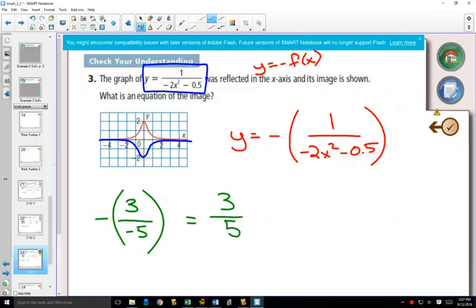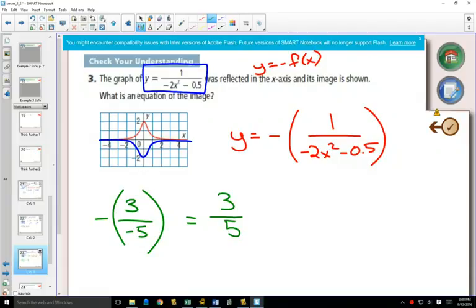How would you explain that it's positive 3/5? 3 over negative 5 is a negative number, so we swap that. Okay. Good. I like that idea.